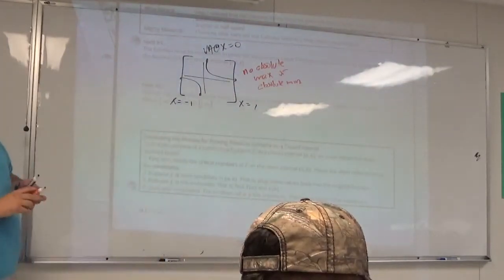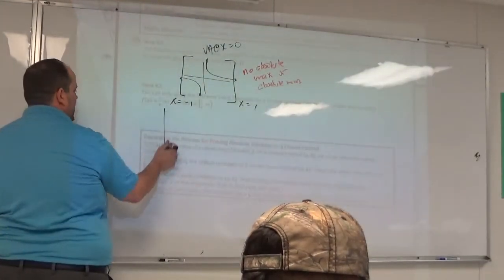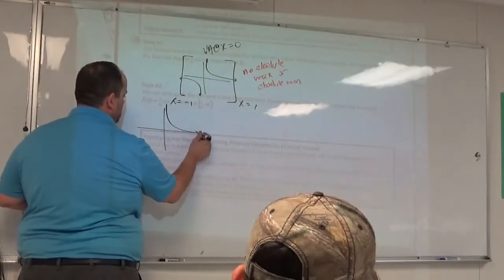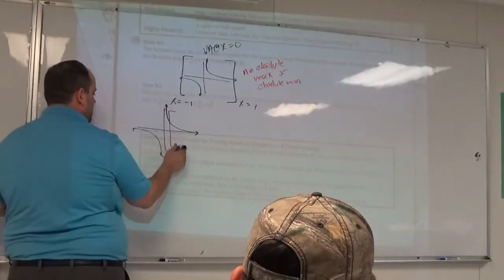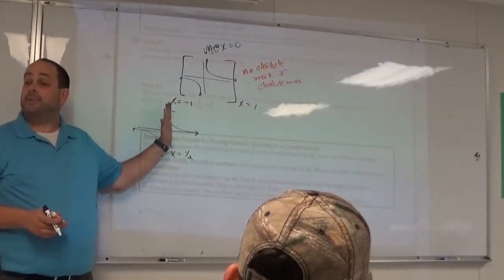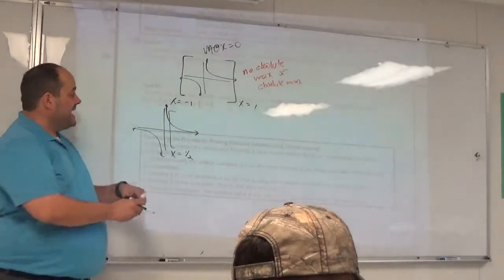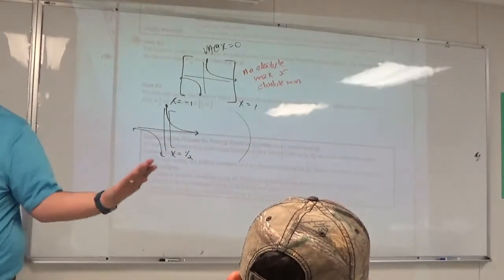Okay, second one, you can only apply the extreme value theorem on a closed interval. Let's consider the same function again, f of x equals 1 over x, on the interval 1/2 to infinity. Here's x equals 1/2. This is where I put my blinder on, and what I get to see is the function forever.